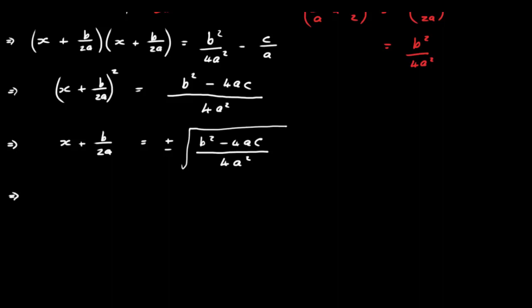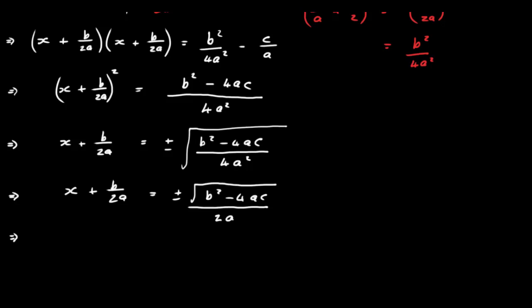Just to tidy that up, I'll end up with plus or minus the square root of b squared minus 4ac on the top. And on the bottom, if I get the square root of the bottom, the square root of 4 is 2, and the square root of a squared is a.